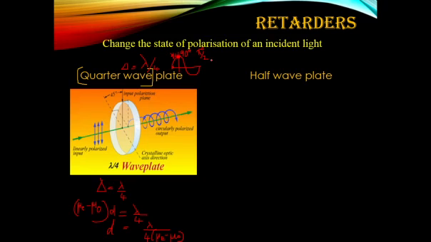So if there is a phase difference of pi by 2, you can get either an elliptically polarized light or a circularly polarized light. So what will give a circularly polarized light? The extraordinary and ordinary rays must have the same amplitude. How do you get the same amplitude? Yes, the incident plane polarized light must make 45 degrees with the optic axis.